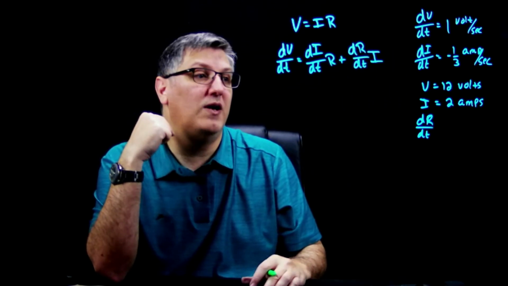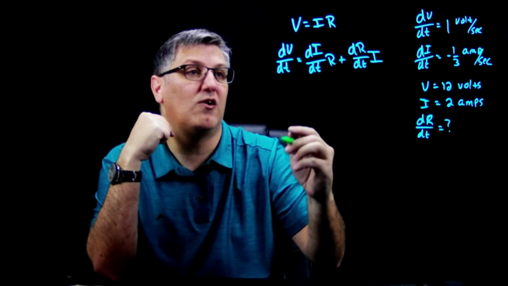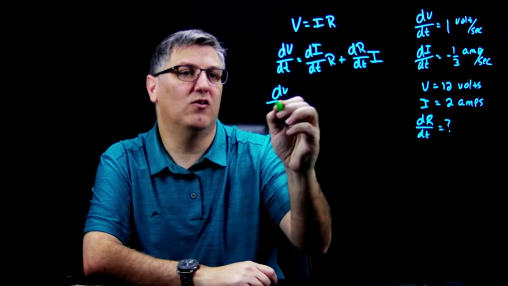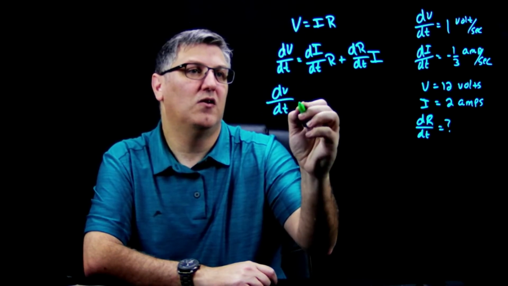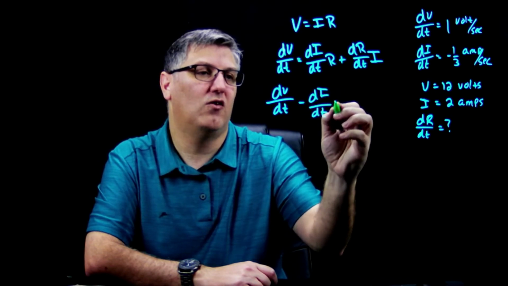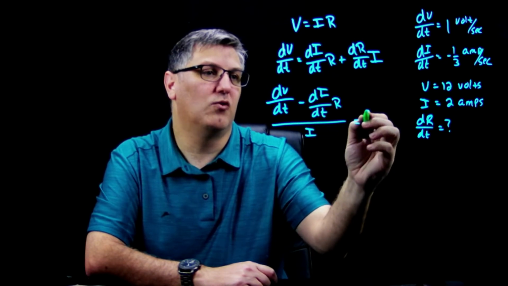All right, so from here, I know I need to have dR, so I'm going to solve this for dR, and I'm going to get dV/dt minus dI/dt times R, all divided by I equals dR/dt.